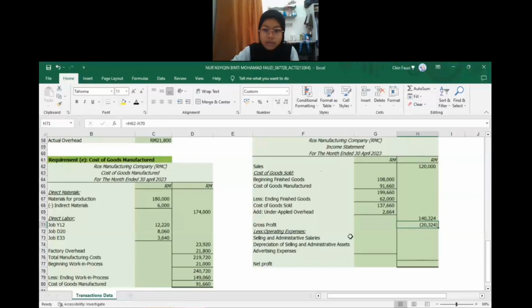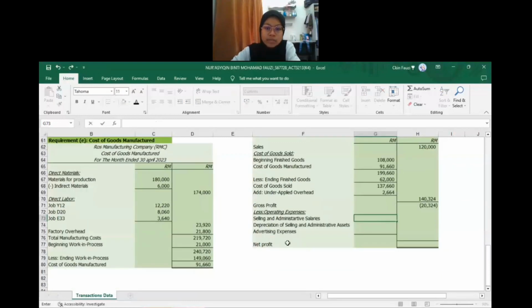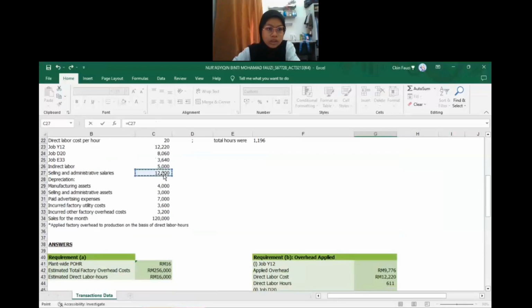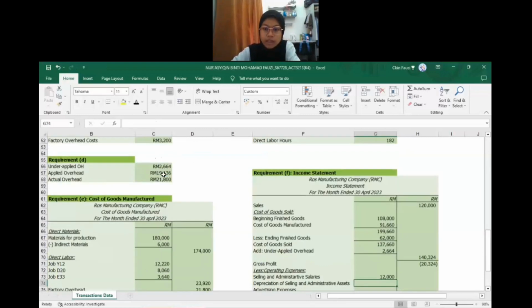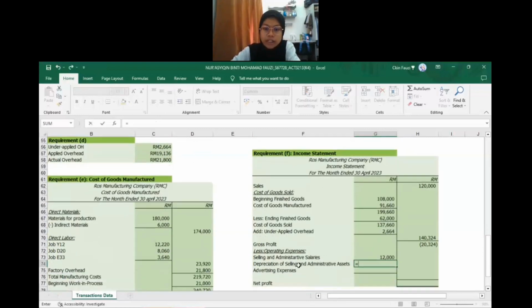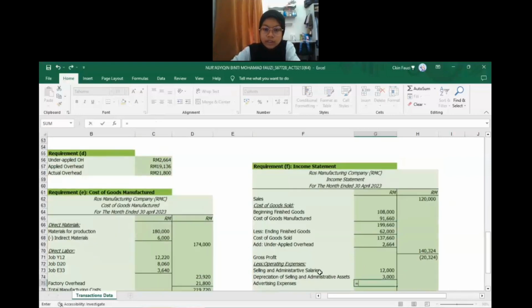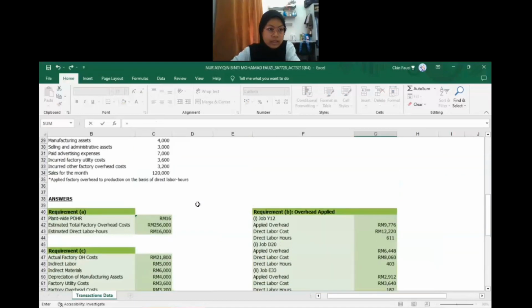20,324 ringgit negative. So these are all the expenses in the question given. We get selling and administrative salaries, question given 12,000 ringgit. Next, depreciation of selling and administrative assets, question given 3,000. And last, advertising expense 7,000.